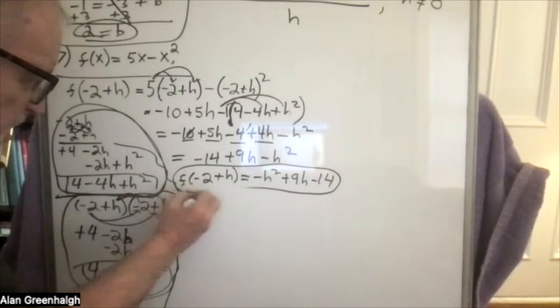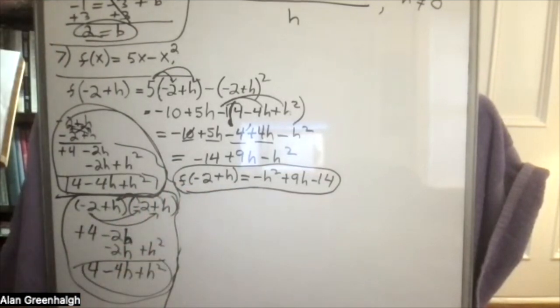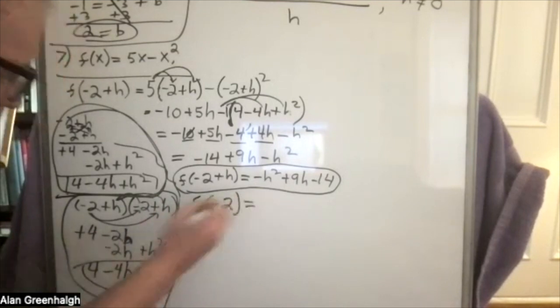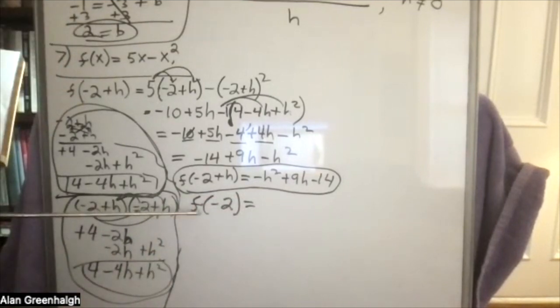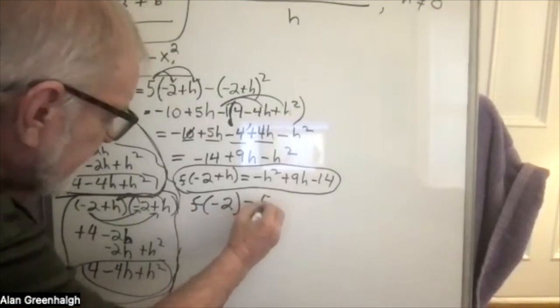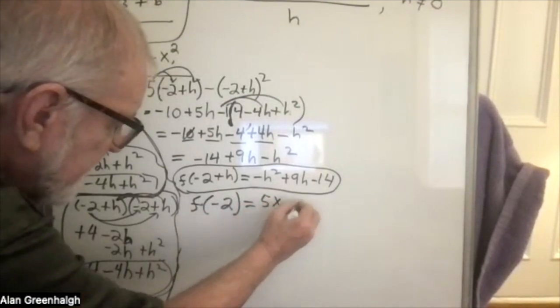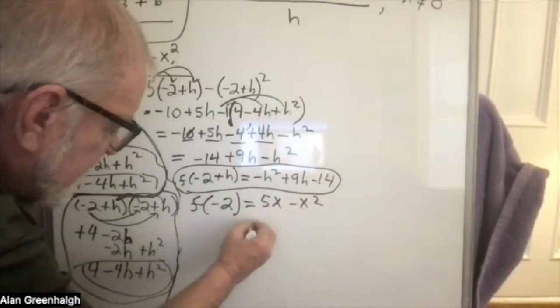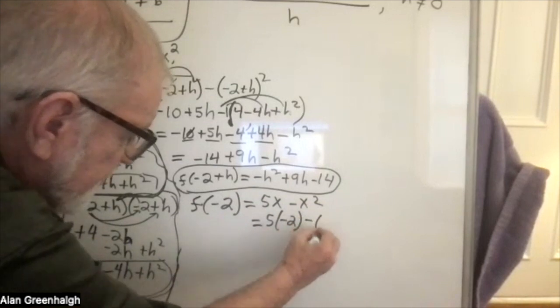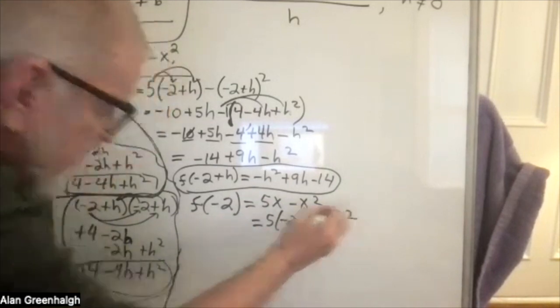Okay, so we have this. We evaluated this part of it. Now we need to evaluate this part of it. So we do f of -2. We use 5x minus x squared, and it's going to be 5 times -2 minus -2 squared.